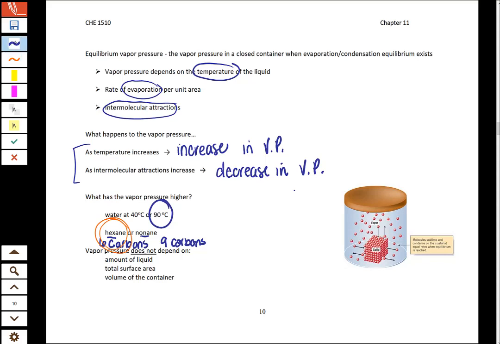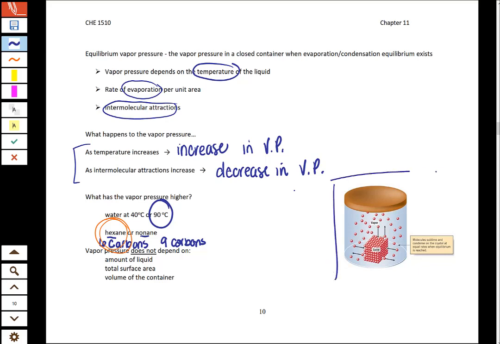Weaker attractions means that you're going to have a higher vapor pressure, because those weaker attractions result in something that more easily evaporates, and thus you have more gas molecules. More gas molecules, more vapor.